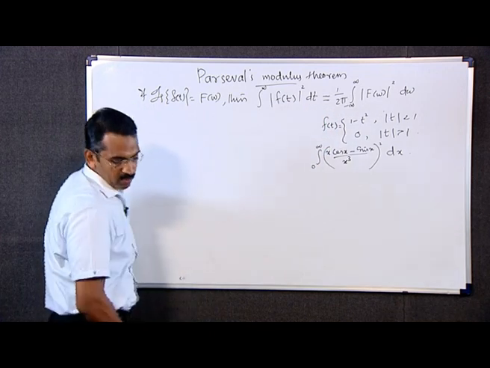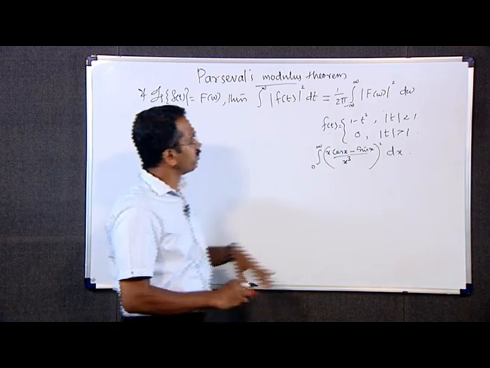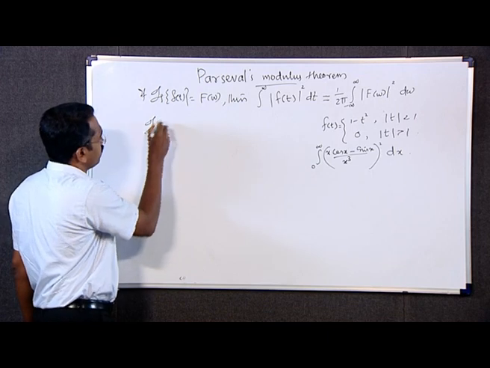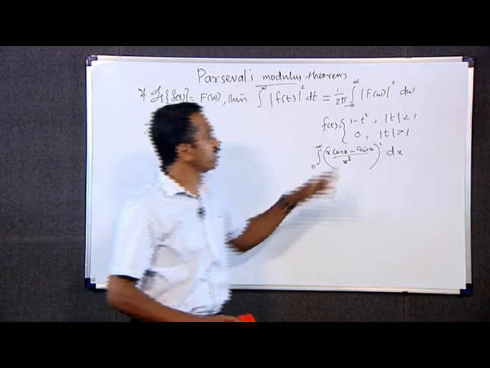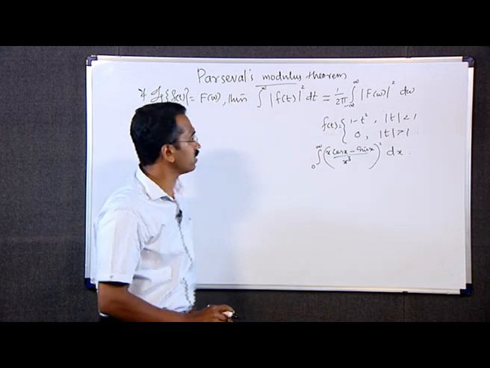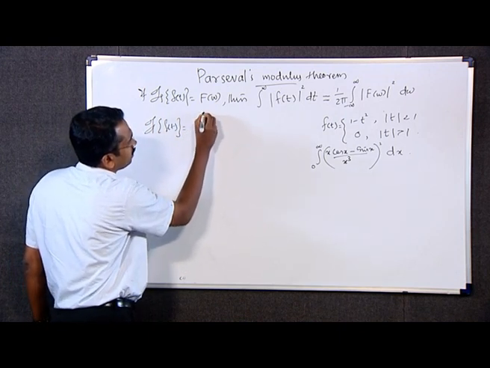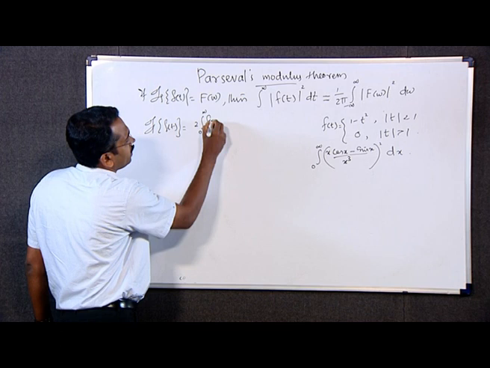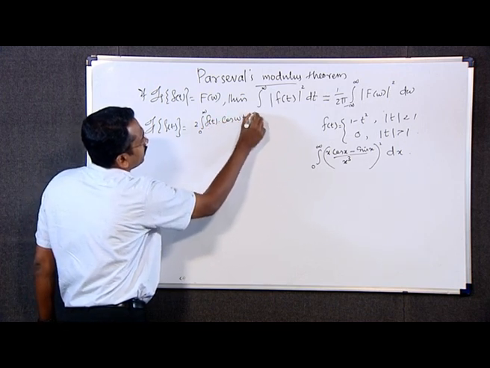By definition of Fourier transform, we can write the Fourier transform of f of t as follows. Note that the given function is an even function. Therefore, the Fourier transform is 2 times integral from 0 to infinity f of t into cos omega t dt.